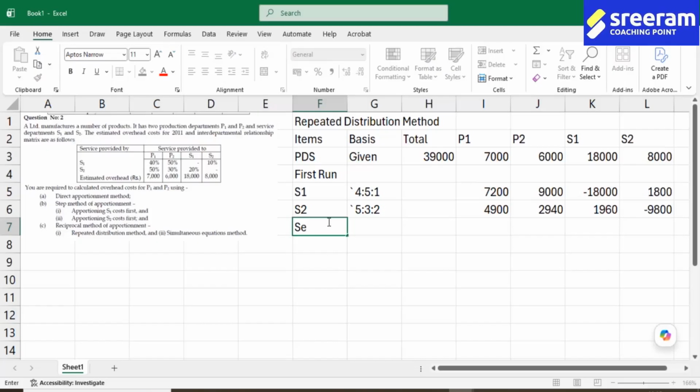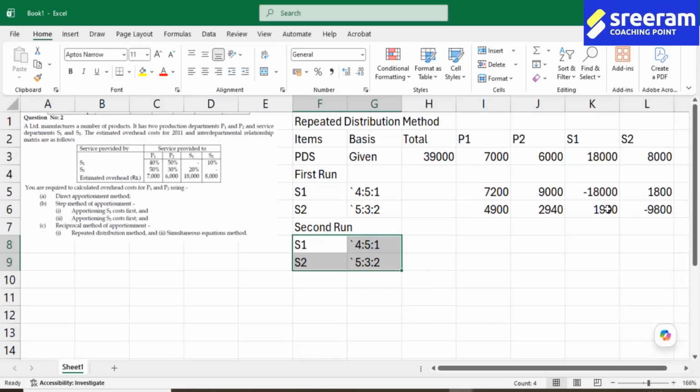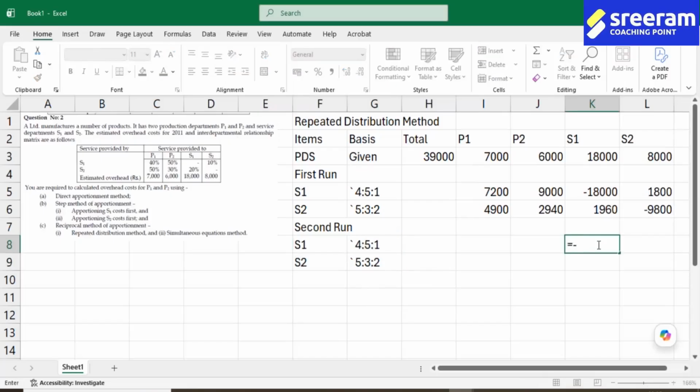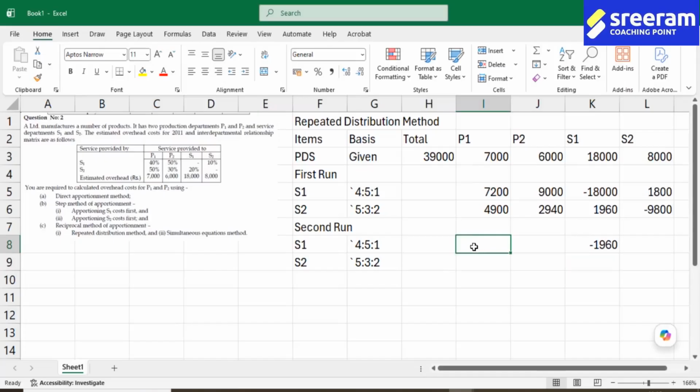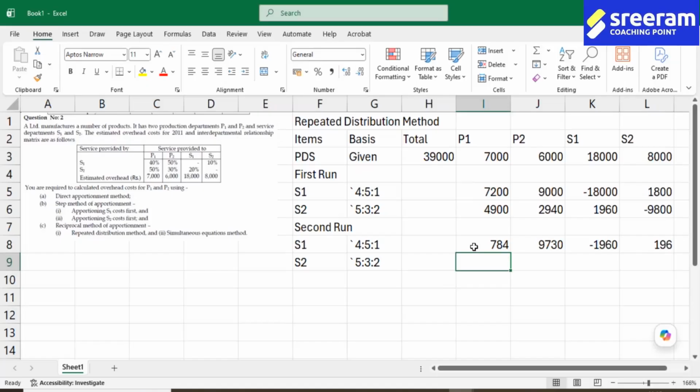Now second run I will have to do. So what is that I should do? In the second run, now 1960 had come. So now I got to distribute 1960 in the ratio of 4 is to 5 is to 1. So 1960 into 0.4 equal to 784, 1960 into 0.5 equal to 980, 1960 multiplied by 0.1, so 196.